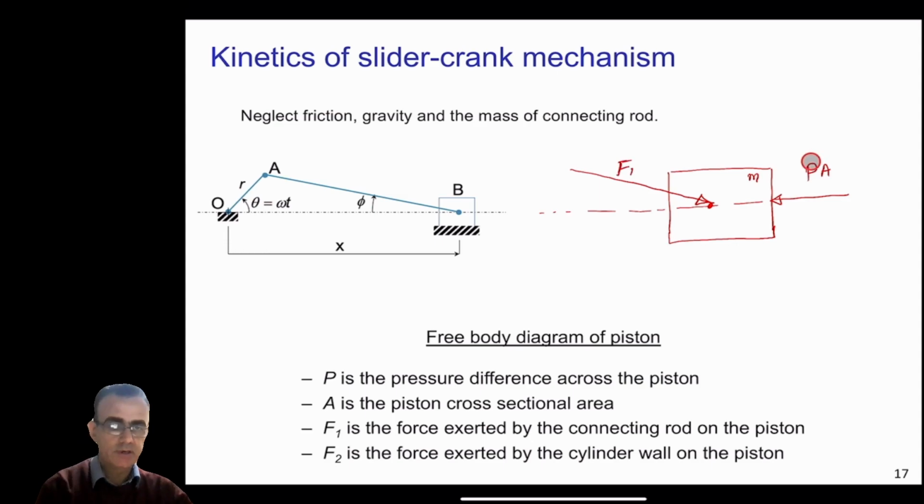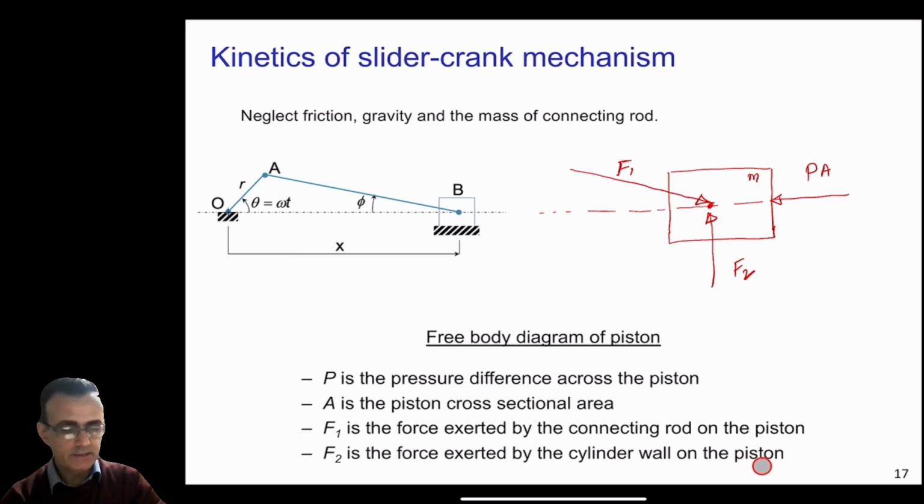So F1 is the force exerted by the connecting rod on the piston, and you can also consider another force on the piston, and you can call this F2. So F2 is the force exerted by the cylinder wall on the piston. And the acceleration of the piston is going to be in this direction, which is x double dot.